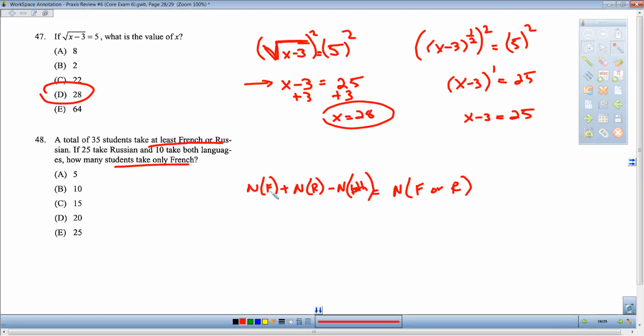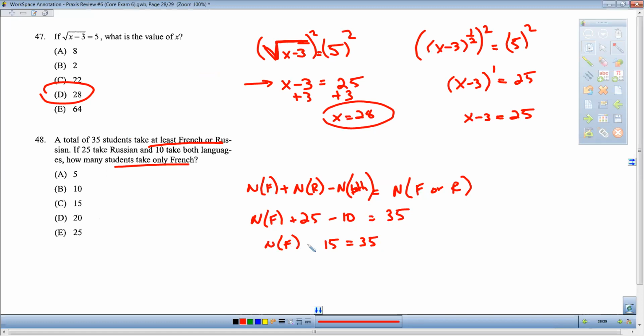So my number taking French, I don't know. My number taking Russian is 25. The number taking both is 10, and all of that equals 35. So 25 minus 10, that's going to give me 15.